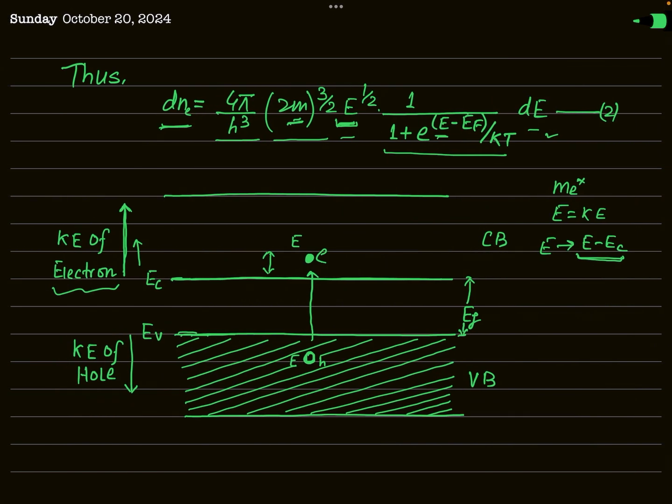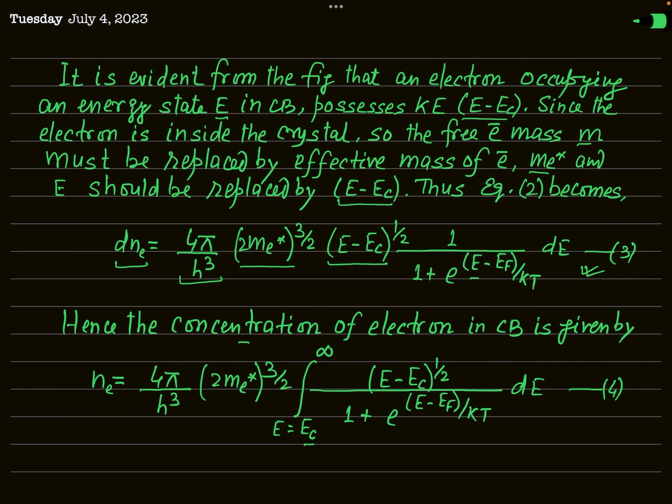You can see the lowest energy of an electron in this conduction band will be equal to EC, and the uppermost limit or the highest energy of an electron will be simply infinity in accordance with the semi-classical theory. So if we integrate this dNe between the limits E equal to EC and E equal to infinity, then you will get the number of electrons per unit volume in the conduction band, which is called concentration. Number of electrons per unit volume is called concentration.